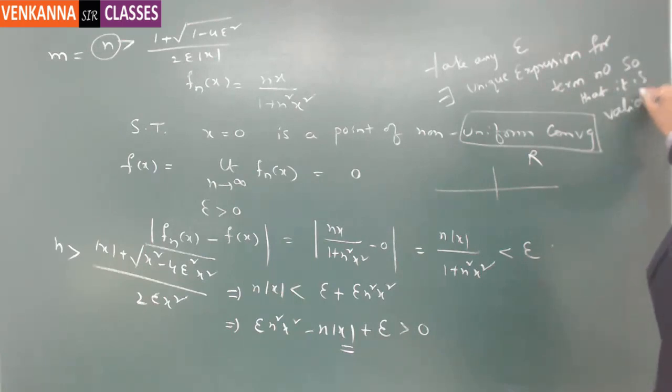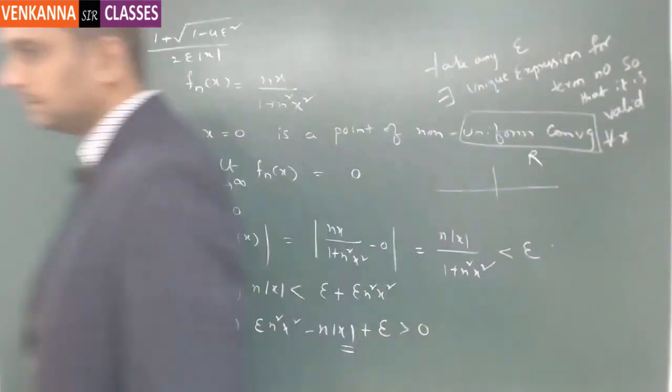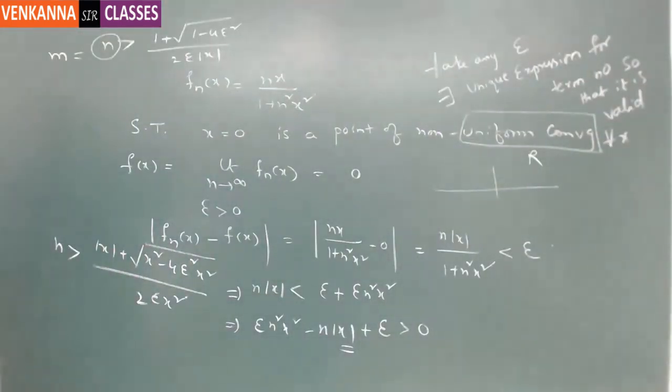That means the expression is valid for all x. Exactly. Irrespective of the x you take in the interval, the term number m depends on epsilon only. Please understand, if epsilon is equal to 1 by 2, the term number m is fixed for that 1 by 2 only. Just imagine the thing.